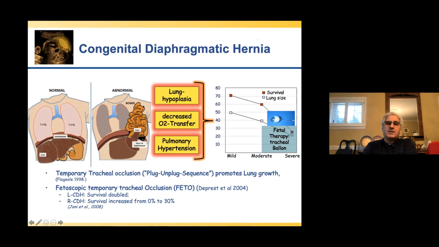And it's taken many years to get equipment that you can use to do temporary tracheal occlusion. And the feasibility studies have shown that the survival can be at least doubled with that. And in right-sided CDHs, in this study, the only chance for survival is actually this balloon treatment.